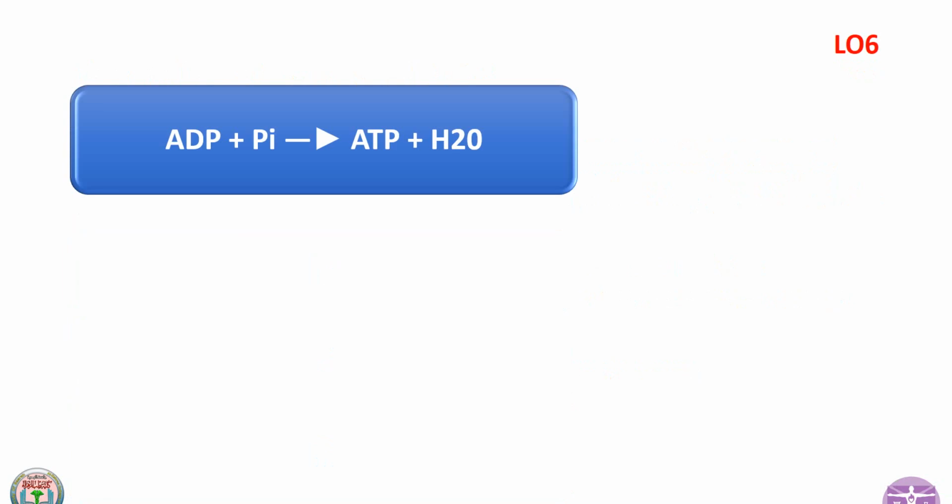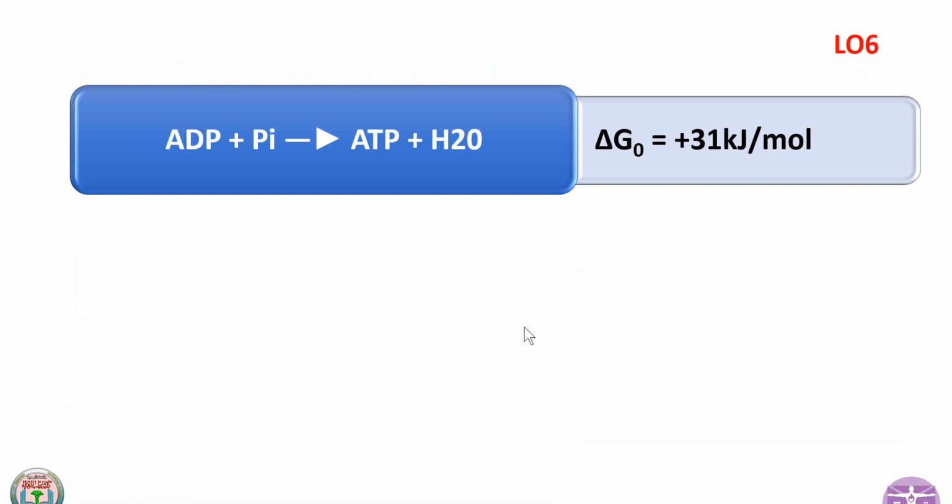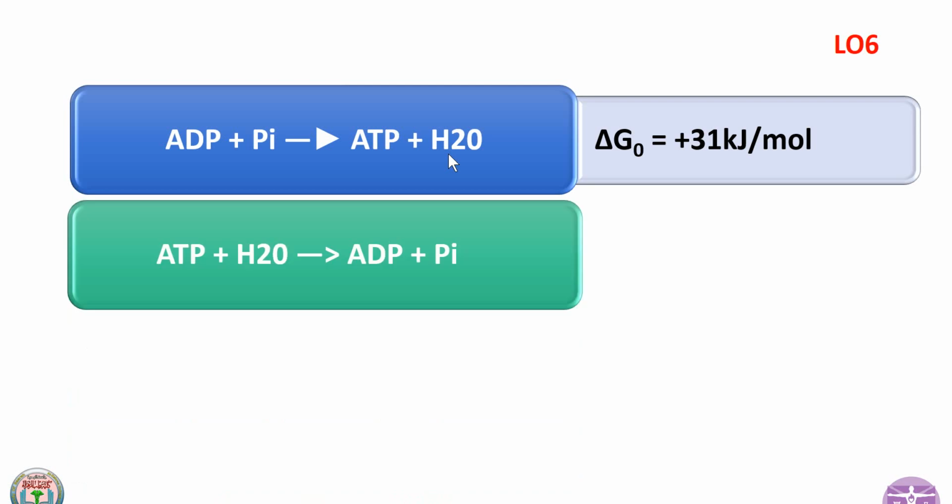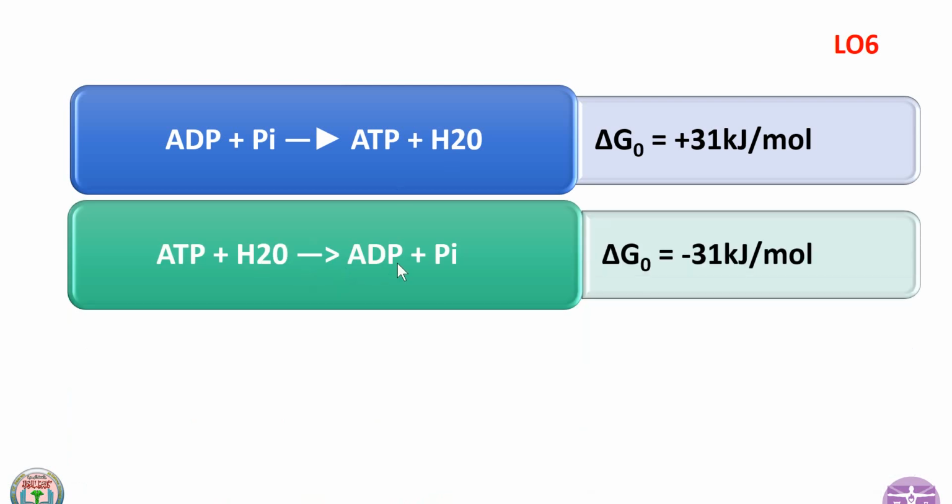When the ADP is converted to ATP, it will need about 31 kilojoules per mole to start this anabolic reaction. And when the ATP is converted to ADP, there will be a release of energy which is also equal to 31 kilojoules per mole.